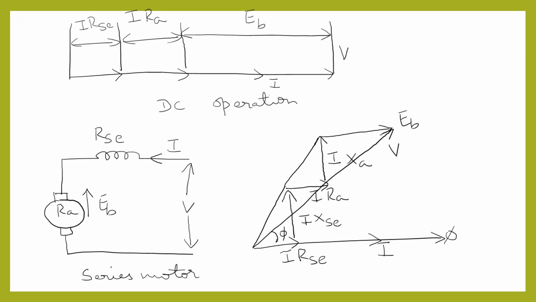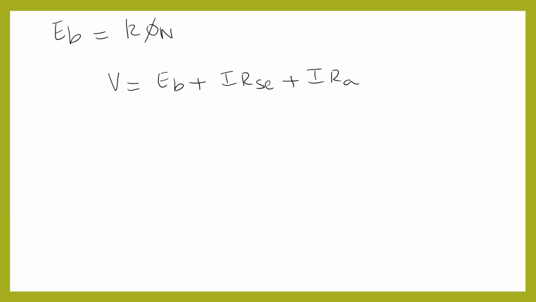I is the current drawn by the motor, I RSC is the drop in the series field, and I RA is the drop in the armature, and EB is the back EMF developed, which equals K phi N. So the equation is V equals EB plus I RSC plus I RA, which is nothing but K phi N plus I RSC plus I RA.